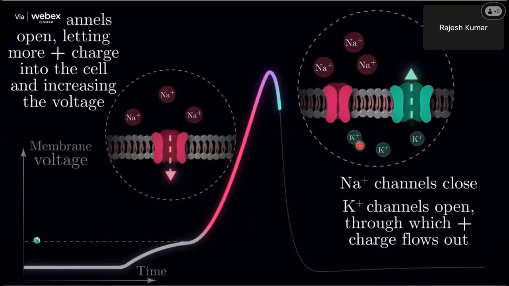Once it opens, it will allow only potassium ions to go out. It will not allow sodium ions to go out that way. Potassium is also positive. When it goes out, the voltage inside drops. So that's why you will find this graph goes down.